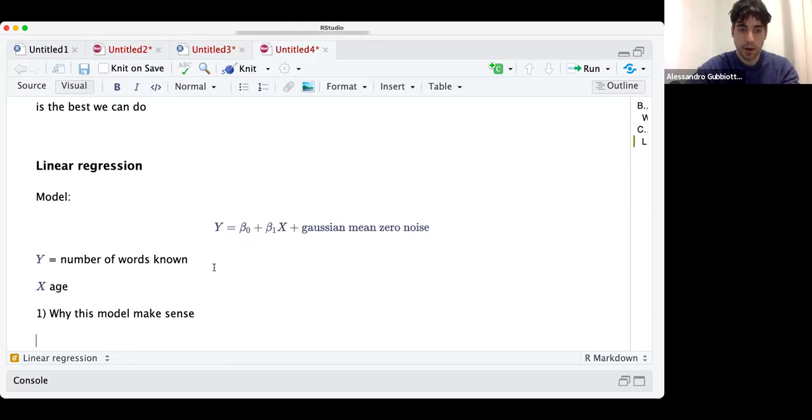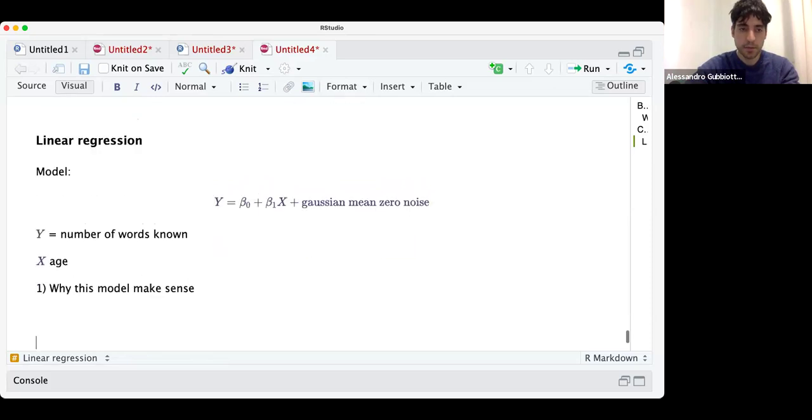So this model makes sense because it is an empirical relation, which is, for sure, false. No way one can prove it false.